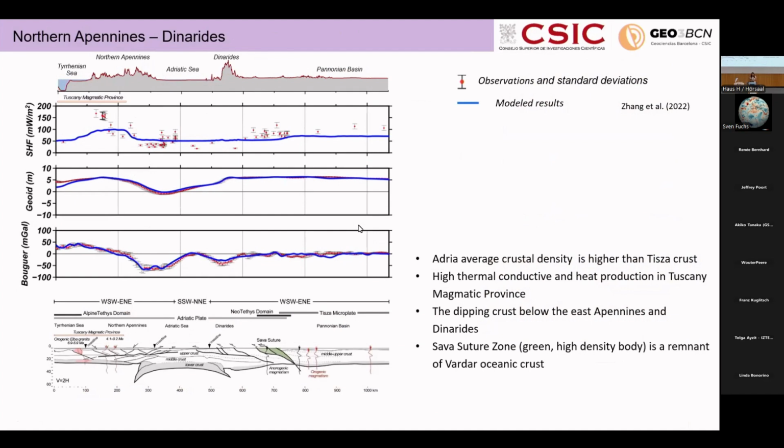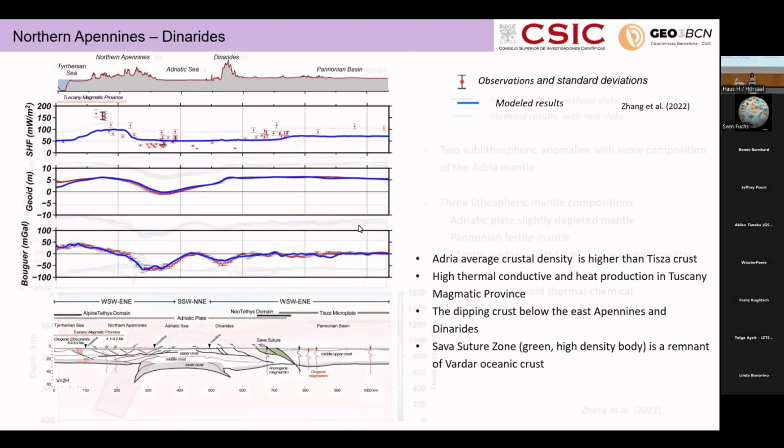With this crustal cross-section, we find that we can reproduce this slightly higher surface heat flow in the Tyrrhenian area that will be due to this Tuscany magmatic province, with higher conductivity, probably heat production, and then we have these two dipping crusts below the Apennines and the Dinarides.